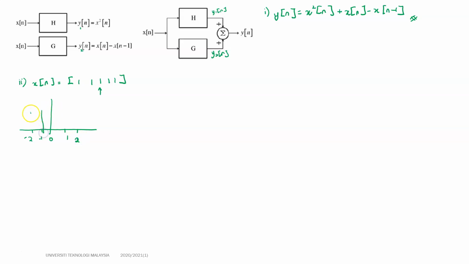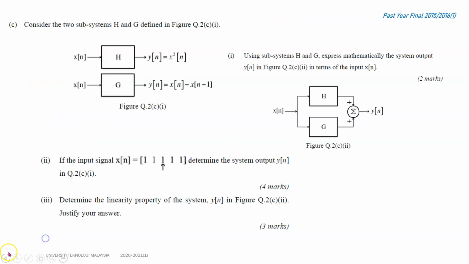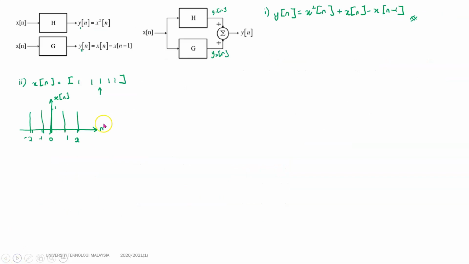This question is quite easy because all values of Xn here are 1. So this is 1, this is n. According to the equation here, we have to determine the system output yn. So this is xn, and now we have to draw one by one.